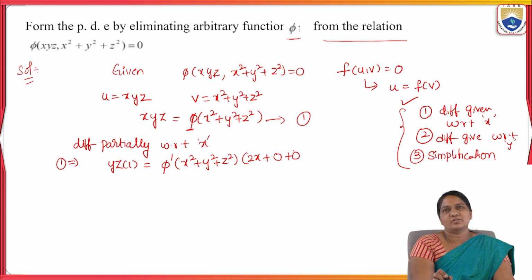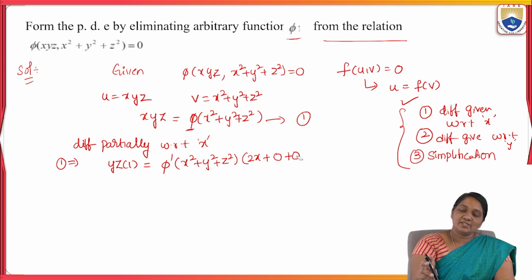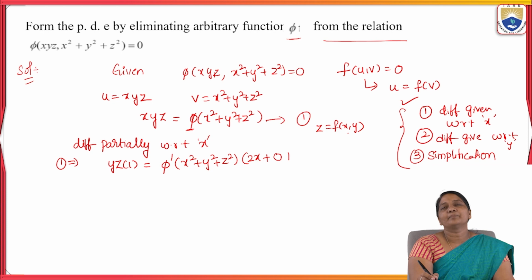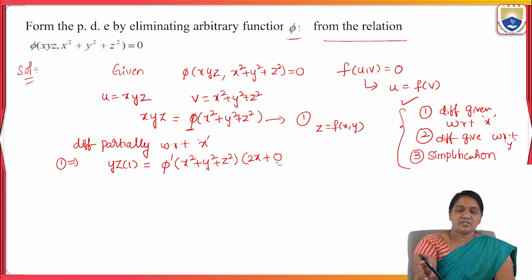Z square is also a constant, no. Here z is a function of x and y. You should not take that as a constant. That's why here the derivative of z square is 2z, dou z by dou x.